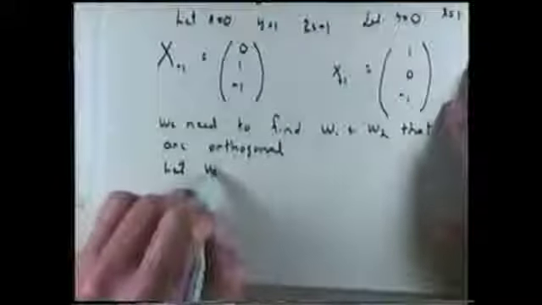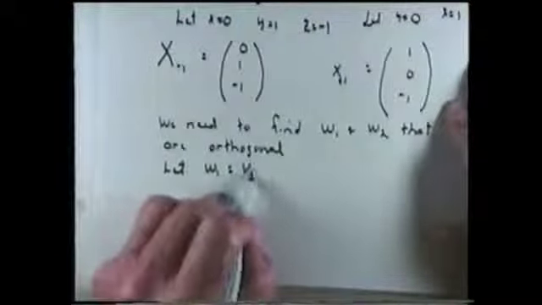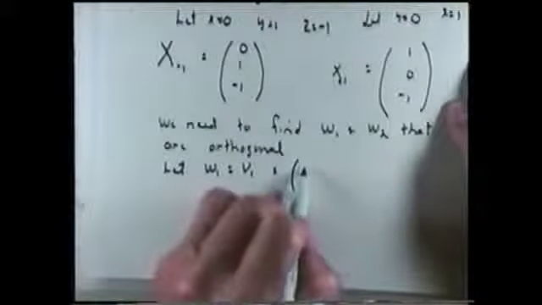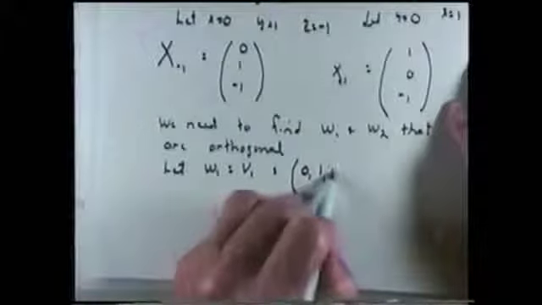Well, the first thing was just let W1 equal vector V1, which will equal (0, 1, -1). And notice I'm just interchanging column vectors with n-tuples, because by now you know it means the same.